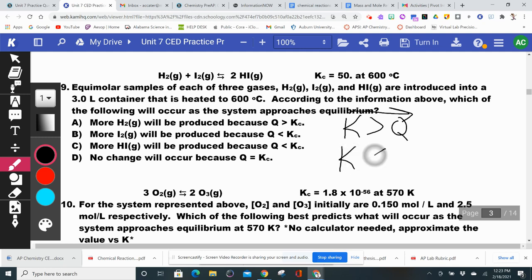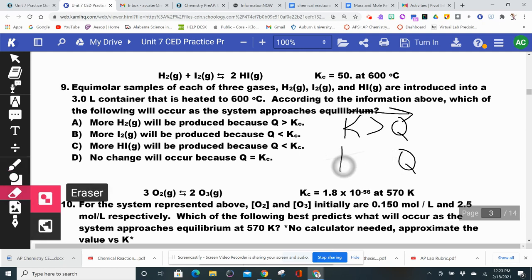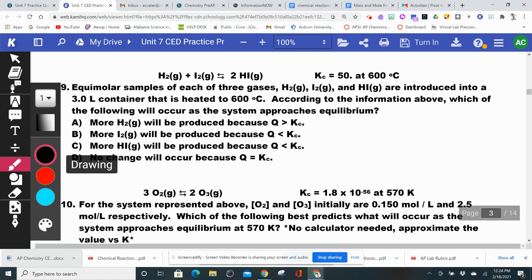If K is less than Q, then the reaction is going to go back to the left. That's just a little mnemonic device to help you remember which way it's going to go, because most of the time with the question, that's what they're going to ask you. Here's K, find Q, and then based on those two values, determine or predict which way the reaction is going to go.